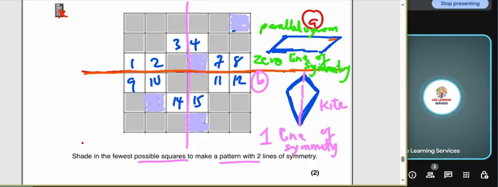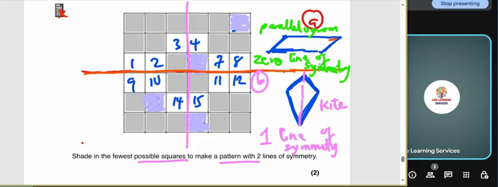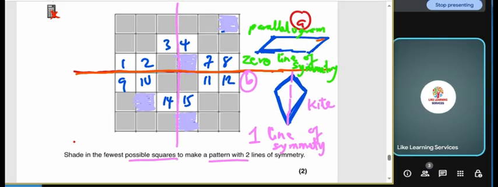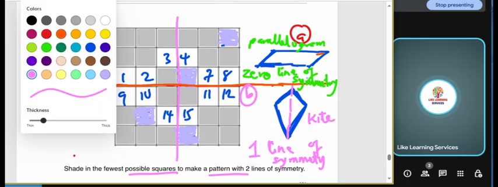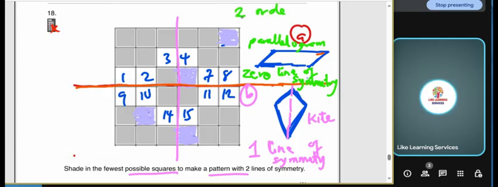How about the parallelogram? Let me show you. You said the parallelogram has how many orders of rotational symmetry? Two. Please, you need to speak up. Two orders, that's correct.